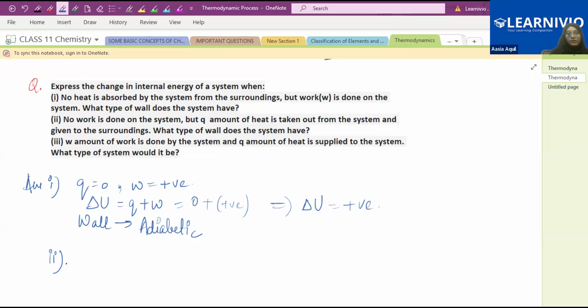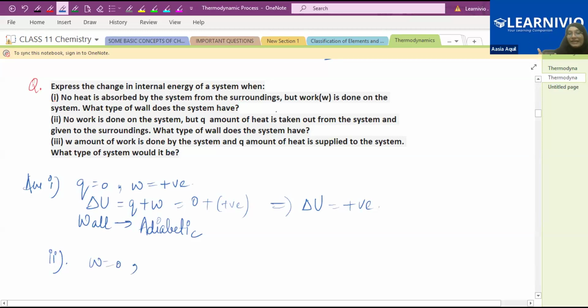Yes, Zainab, tell me the second answer. No work is done on the system, so W equals 0. But Q amount of heat is taken out from the system.